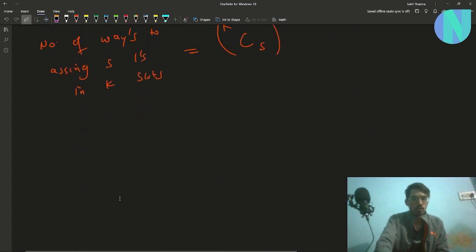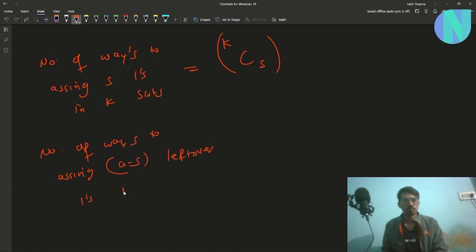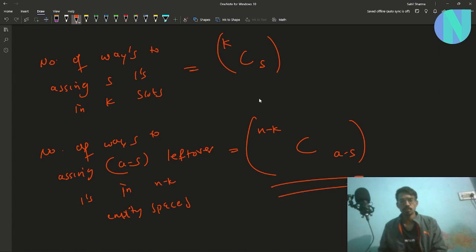The number of ways of doing that, the number of ways to assign A minus S leftover ones in n minus k empty spaces, is just (n minus k) C (A minus S), right?